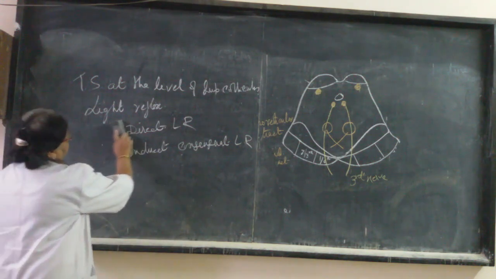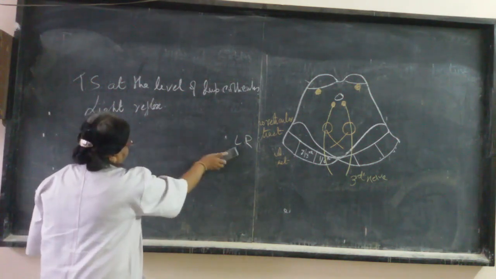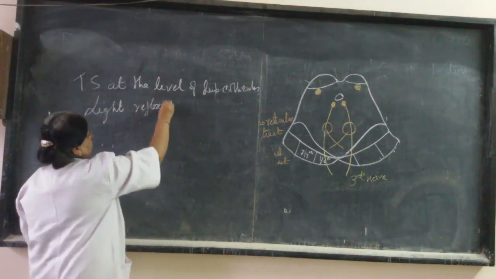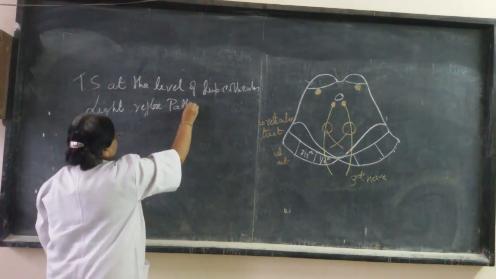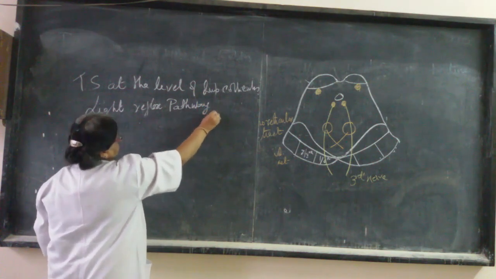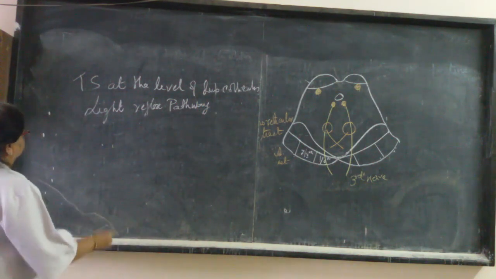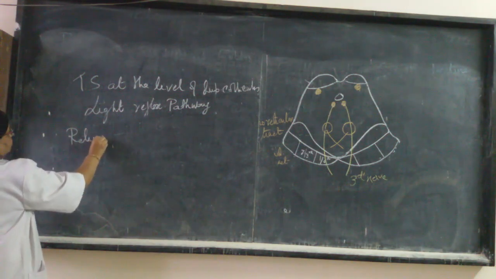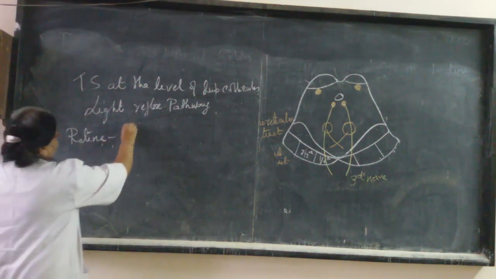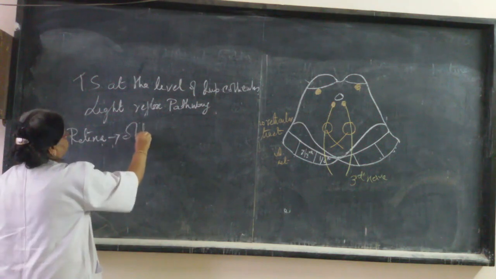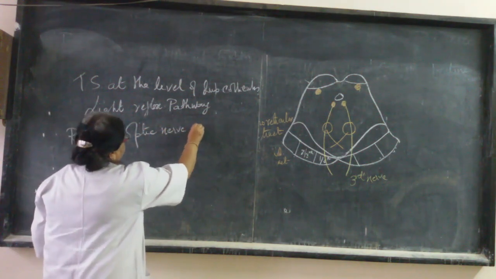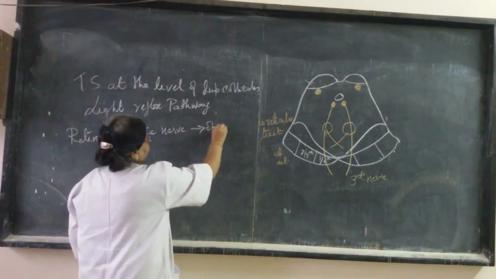Now what is the pathway? Light reflex pathway. This is coming from the retina through the optic nerve. The optic nerve goes to the optic tract.